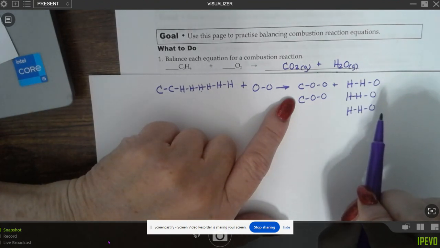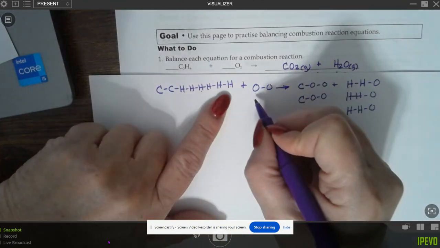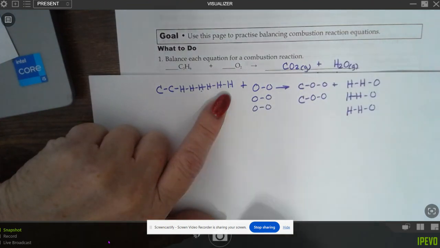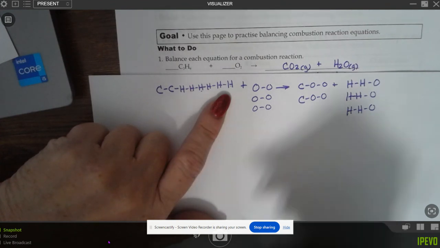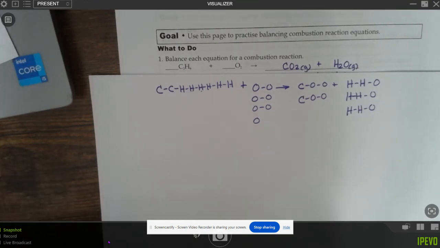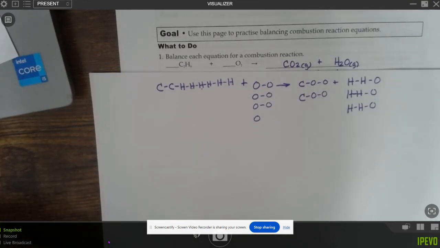That's a problem. All right. Because no matter how many oxygens I put here, I can't get 7, okay? Because I can't just add one oxygen. I have to add the whole O2, okay?